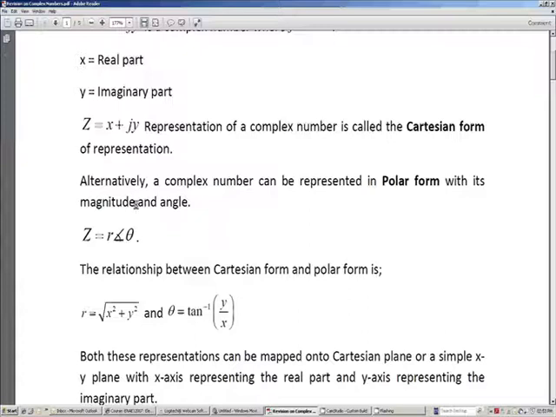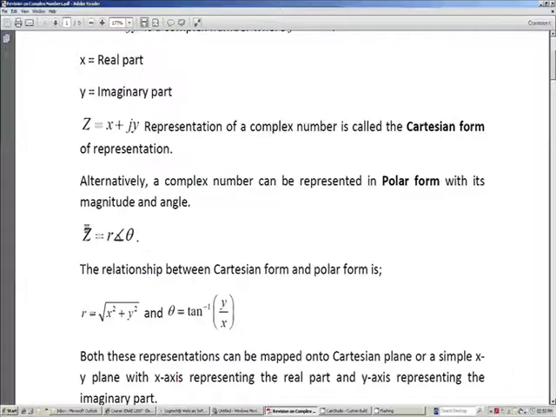Alternatively, we can also go for what we call the polar form of a complex number, because a complex number can be represented as a vector or a line which has a magnitude and a direction. So r here represents the magnitude of the complex number, and theta is the direction, or the inclination to the real axis, or the x-axis.